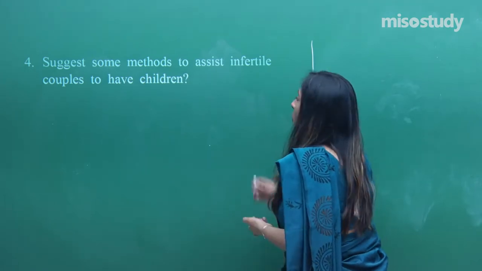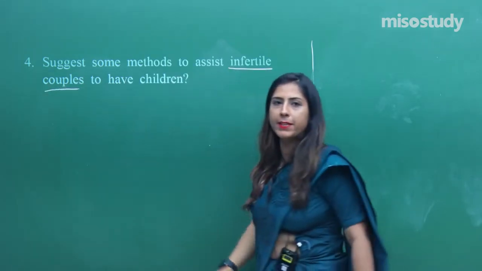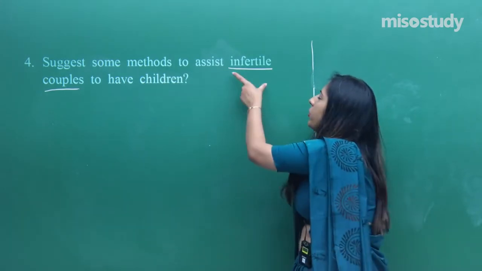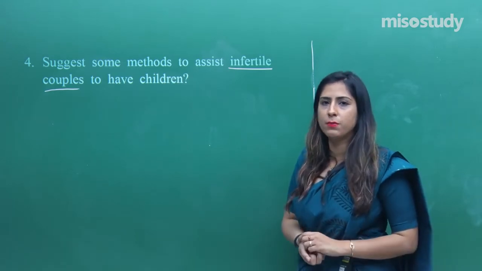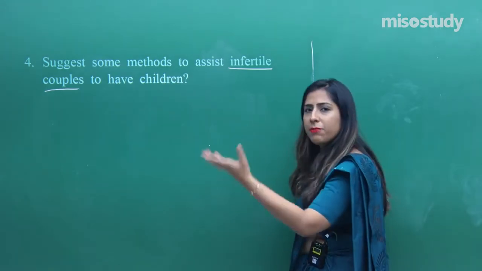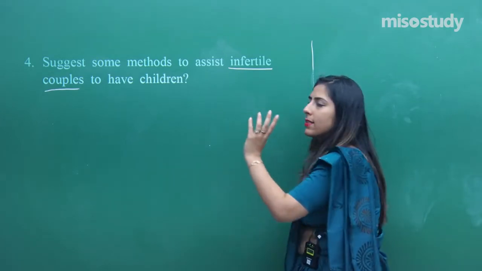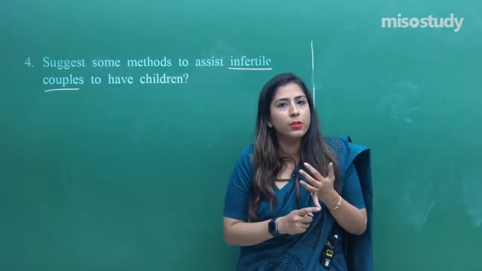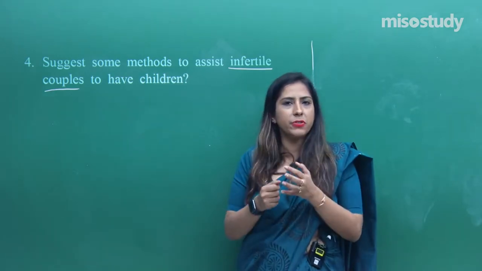So students, one thing you need to learn is what we mean by infertile couples, right? We have discussed in the class what we mean by infertility. Infertility is an inability of an organism to reproduce. That can be male infertility and that can be female infertility. In both cases, sometimes the sperms are not produced, sometimes the ovum is not produced or it is immature, right?